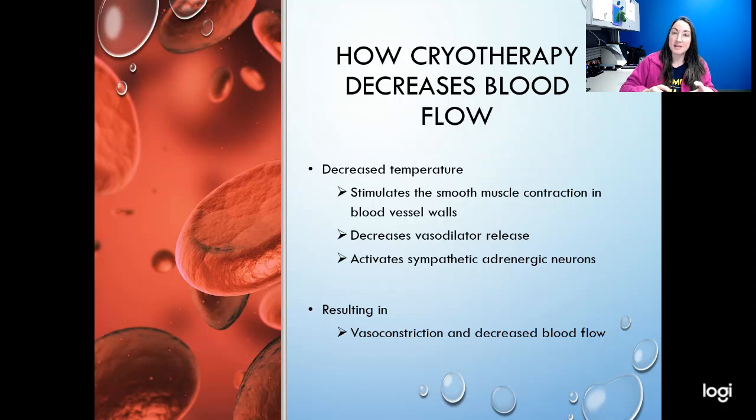So in order to maintain a consistent core temperature, when one area is colder than the rest, the blood flow to that area is constricted or decreased to decrease the effect that it has on the rest of the body.